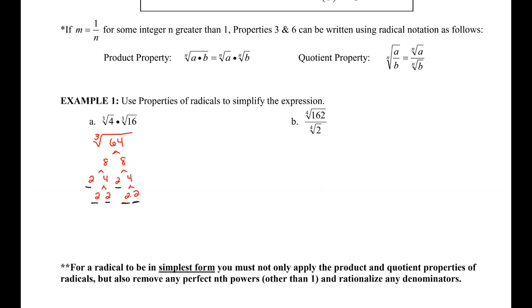This is the third root, which means I'm looking for 3 of the same number instead of 2 like we previously had. So here's 3 of the same number. Here's another set of 3 of the same number, and they multiply together, so 2 times 2 tells us that this simplifies to 4.